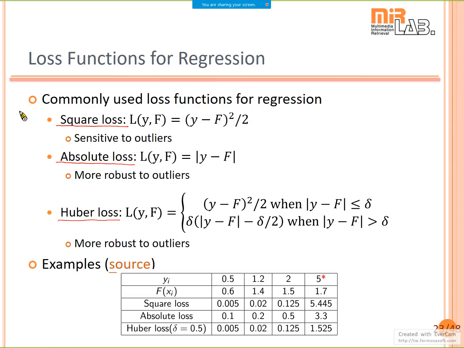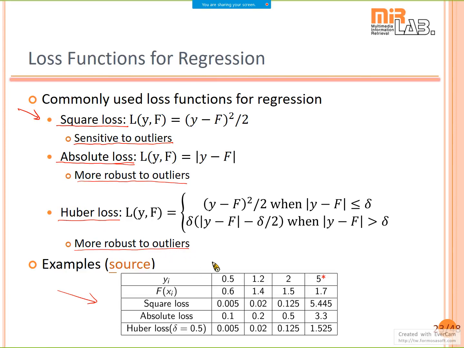The most common one is of course square loss. It's mathematically tractable and used pretty often, but the bad thing about square loss is that it's very sensitive to outliers. I'm going to give you an example right here. Absolute loss is more robust to outliers, and Huber loss is even more robust.